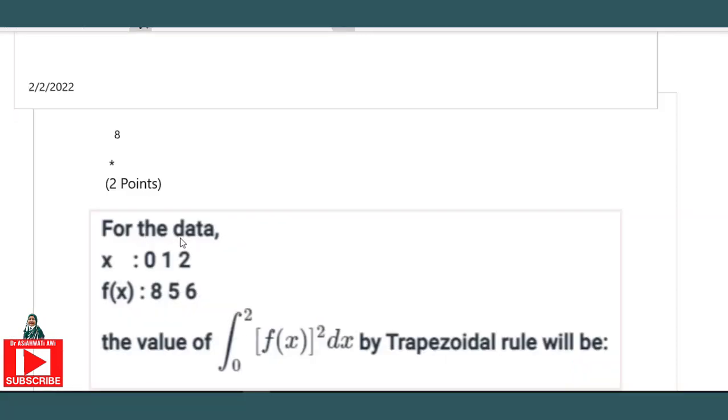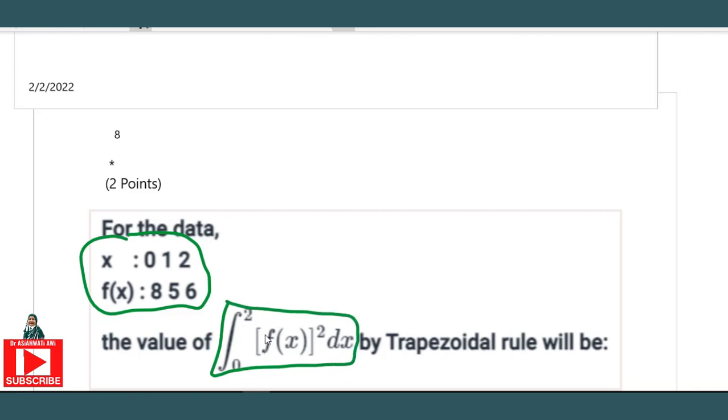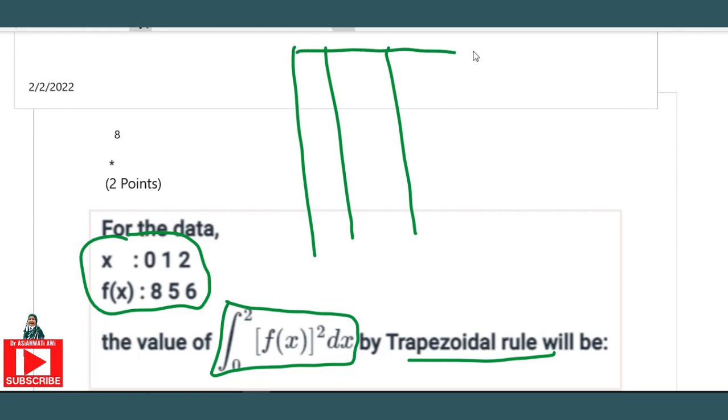Number 8 for the data. The value of this integration from 0 to 2 of the function f(x) with respect to x by the trapezoidal rule. From this one, change to the table, a different table.